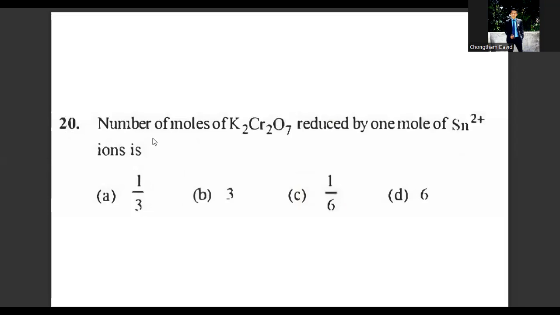Question number 20, the number of moles of potassium dichromate reduced by 1 mole of tin ion is. So to answer this question, you have to write down the reaction first. Potassium dichromate generates this dichromate ion, and after gaining these 6 electrons, the dichromate ion will change, in the acidic medium, to chromium and balance this with water molecules.